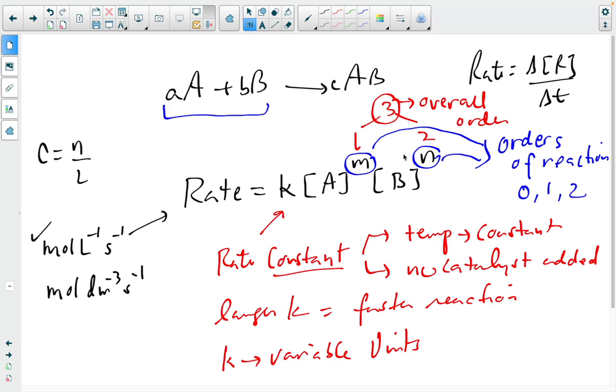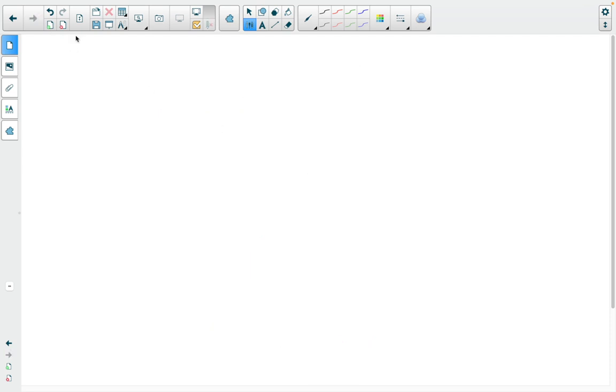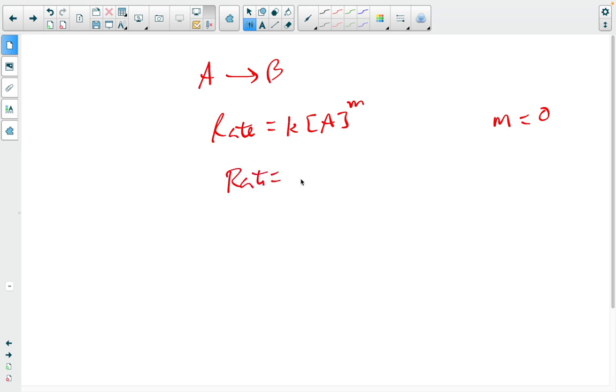Okay, so let's just take a quick look at what these exponents mean. Let's say we're looking at a simple reaction, A goes to B, where rate equals k times the concentration of A raised to the power of m. So let's take a look at a scenario where m is equal to 0. If m is equal to 0, this equation becomes rate equals k times the concentration of A raised to the power of 0.